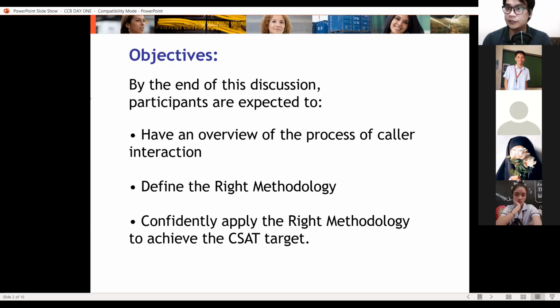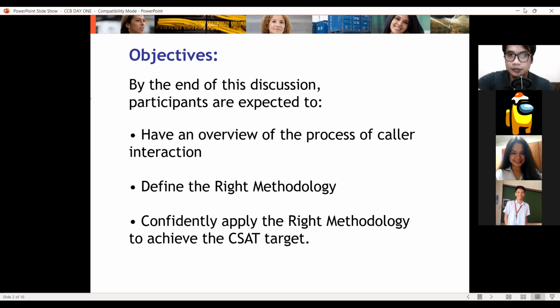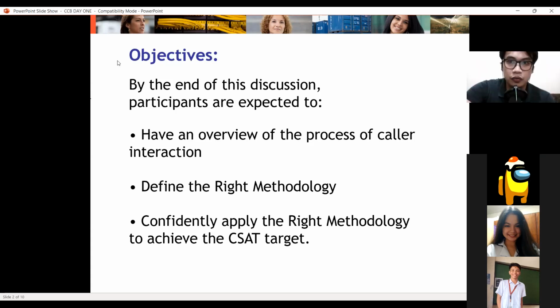Okay? So by the way, sino dito yung may experience na mag-work sa BPO? Can raise your hand before we start our discussion so that I'll have a little bit of context. Okay, Chloe. So, saan ka nag-work sa BPO before? Or even baka currently you're still working? Okay, share your experience. Chloe? Do you want to share your experience? Say something about your experience in the BPO world?